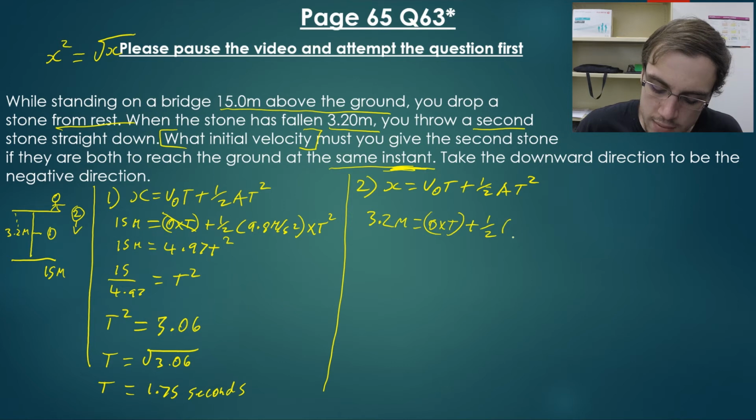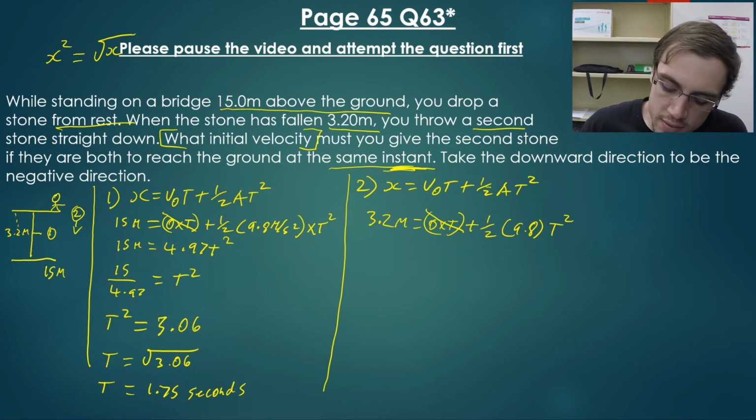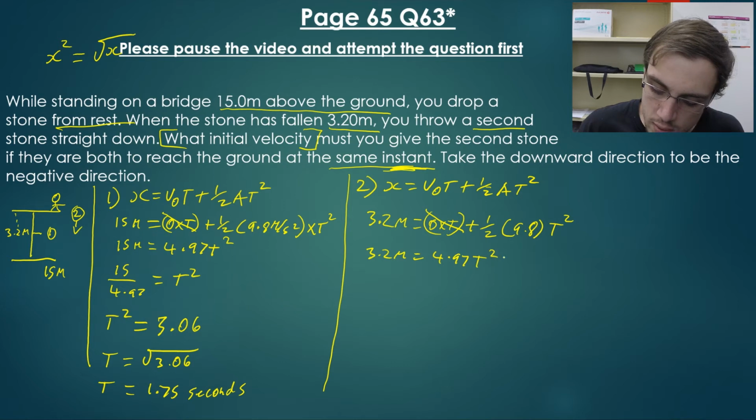So we're going to go 1/2 times 9.8 t squared. 1/2 of 9.8, as we calculated over here, is 4.97. So we're going to have 3.2 is equal to 4.97 t squared.